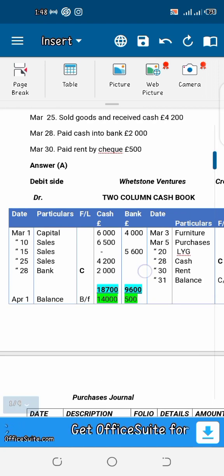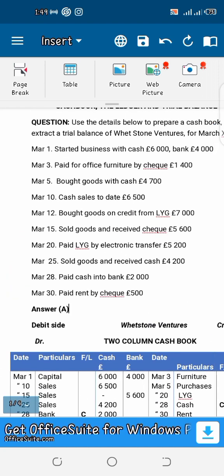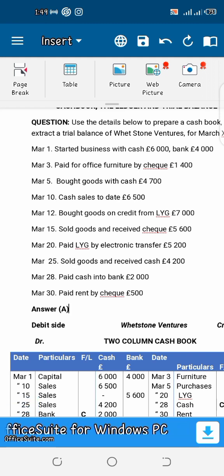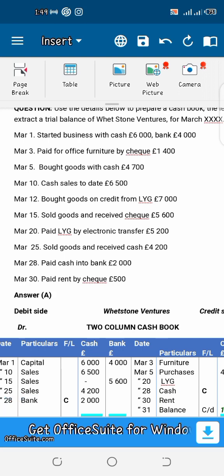So let's begin by looking at the question. March 1st, started business with cash £6,000 and bank £4,000. This represents the capital used in starting the business, so it's an investment into the business.